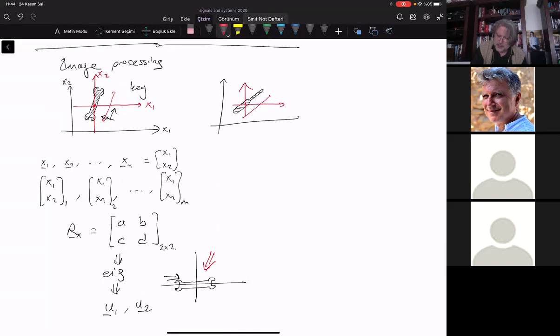And after rotation, it will be looking like maybe this, okay? And you can compare with a horizontal screwdriver by template matching and say that this is a screwdriver, not a key.